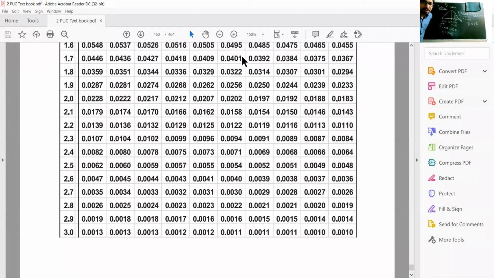But if you look into the probabilities, as you reach the values 2.6, 2.7, 2.8, 2.9, your probabilities are becoming closer and closer to 0. See, it is 2.9. This value is 2.99.